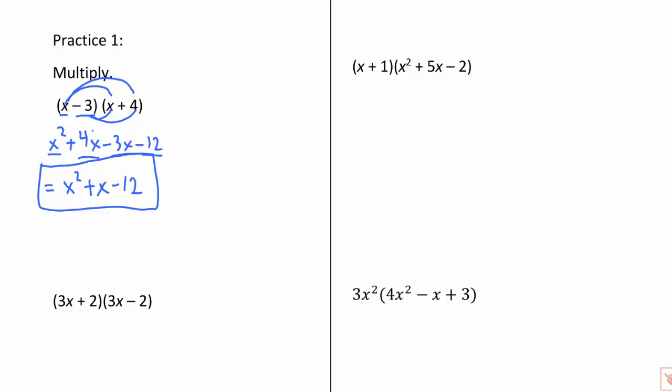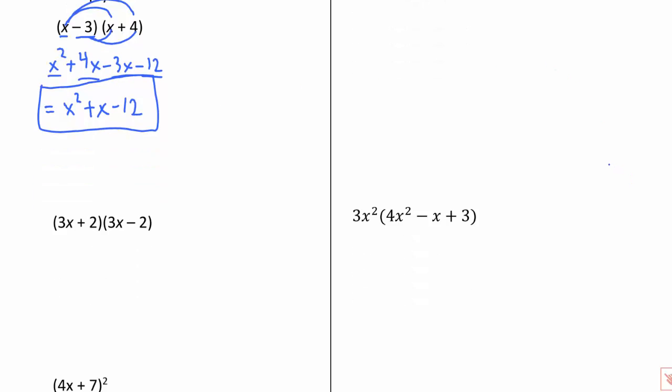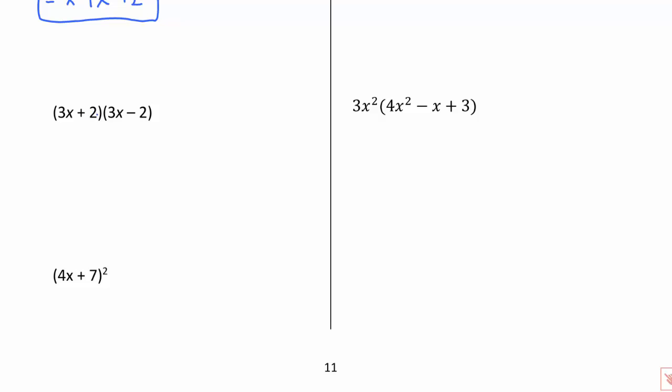See, I didn't worry about FOIL. I just distributed each term into all terms in the second one. That's all. So if we keep doing this, look at 3x plus 2 times 3x minus 2. I'm going to take this 3x and distribute to the 3x and negative 2 here. So 3x times 3x is 9x squared. 3x times negative 2 is negative 6x.